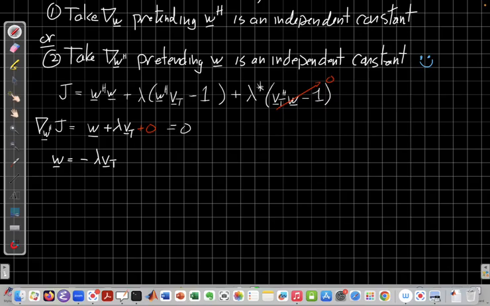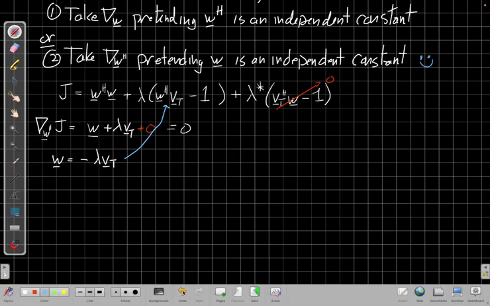follow it through the classic Lagrange approach now, which is to plug this W into the constraint, right? Plug it back in, and then solve for my value of lambda that satisfies the constraint. So if I do that, W Hermitian becomes, I'm going to assume, sort of knowing the answer, that lambda is real.